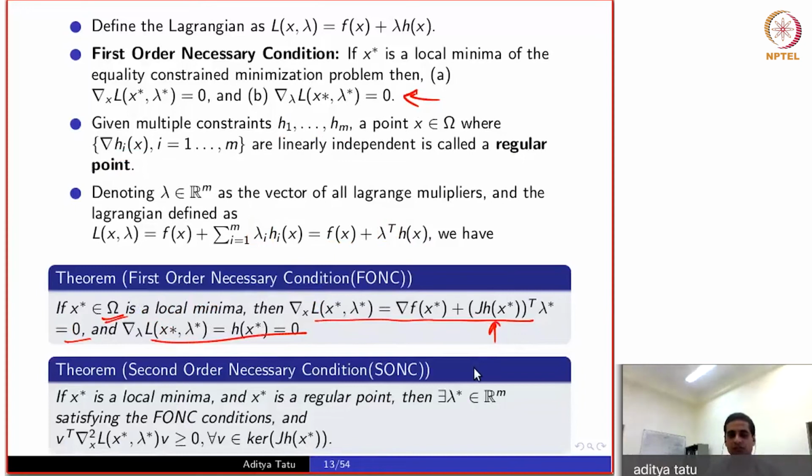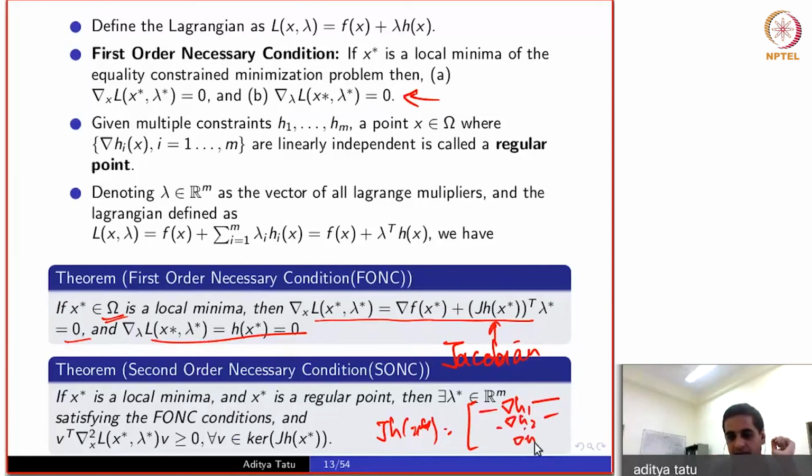This is what is called the Jacobian matrix. The Jacobian matrix would have the gradient vectors of each function in the rows. So keep that in mind. J h(x star) would look like this. The gradient of the first would be over here, gradient of the second would be here, up to the gradient of the mth.